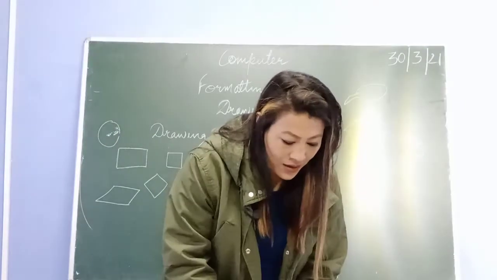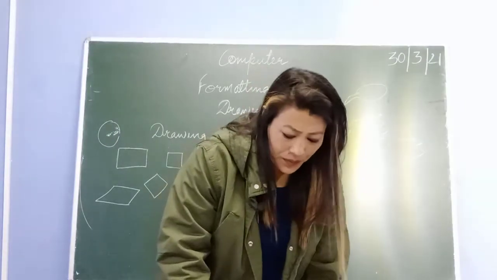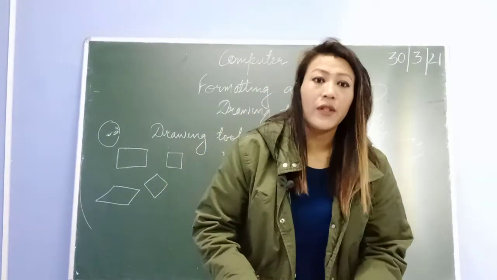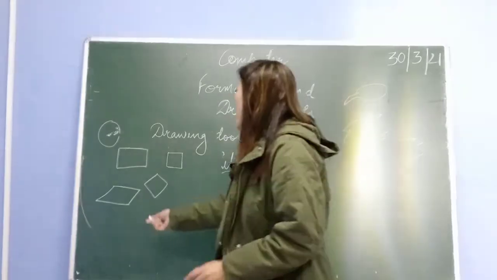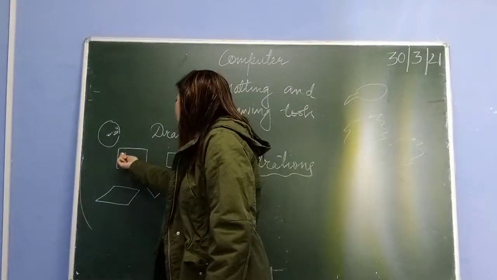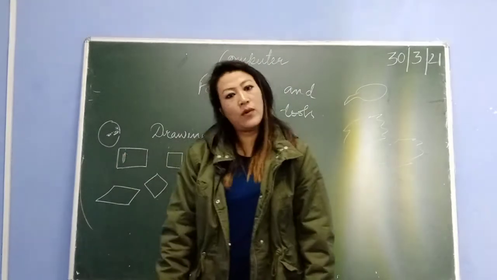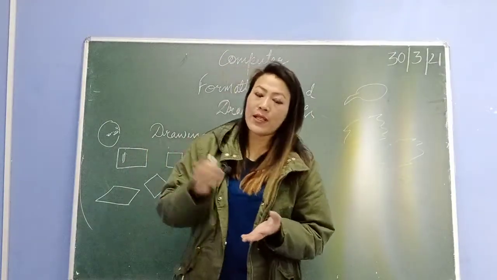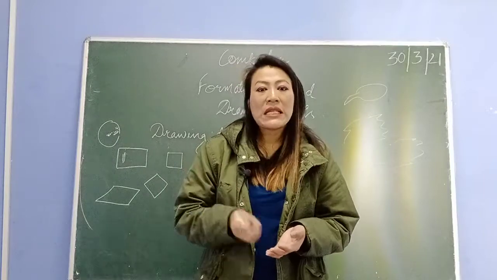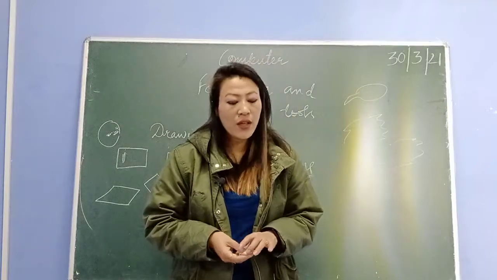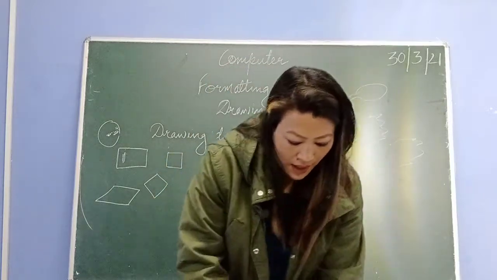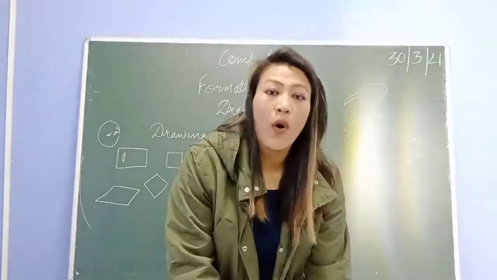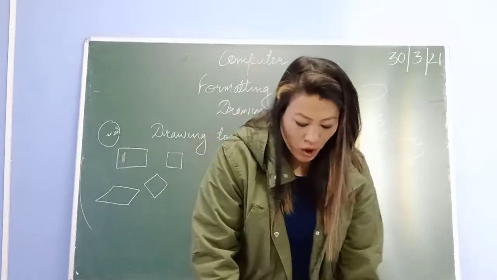After you insert the shape in Microsoft Word, children, you can write text inside the shape also. You can insert pictures and colors, but you can insert text also inside the shape. Now how to place text inside the shape?